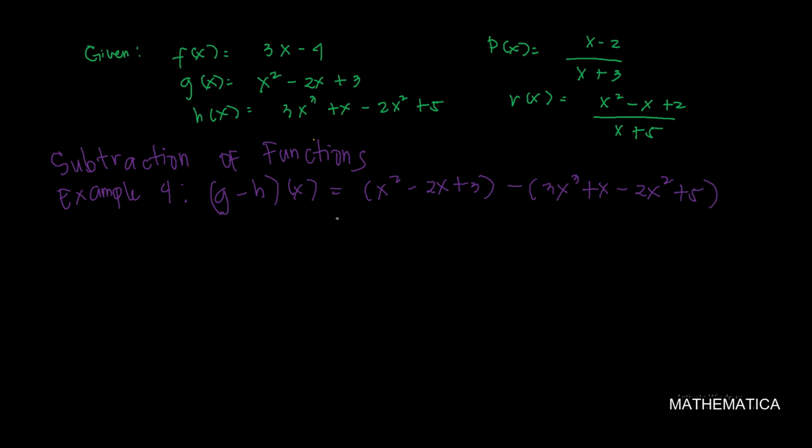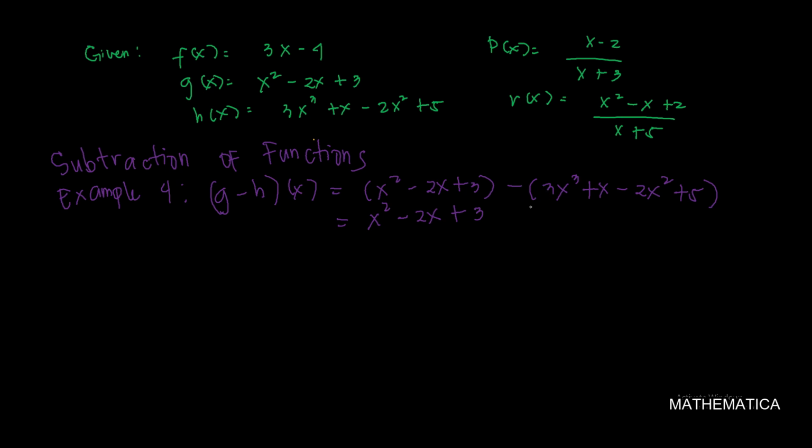So again, we have first to simplify yung nasa loob ng parenthesis. So, yung ating first parenthesis, copy nyo lang. So, we have x squared minus 2x plus 3. Then, para sa second parenthesis natin, for the h of x, we have to distribute this negative sign with the entire terms inside the parenthesis.